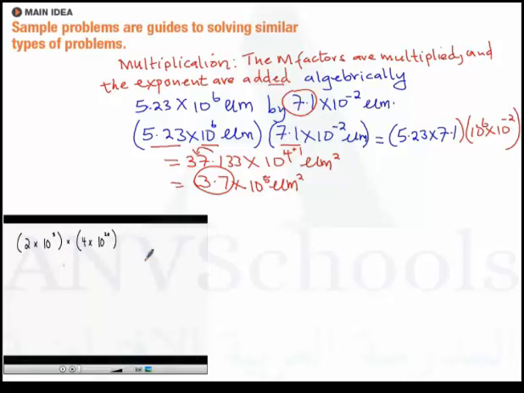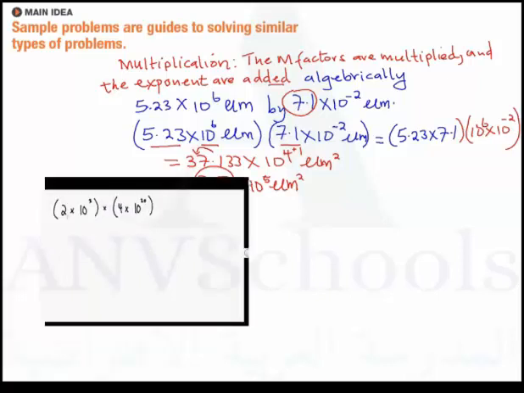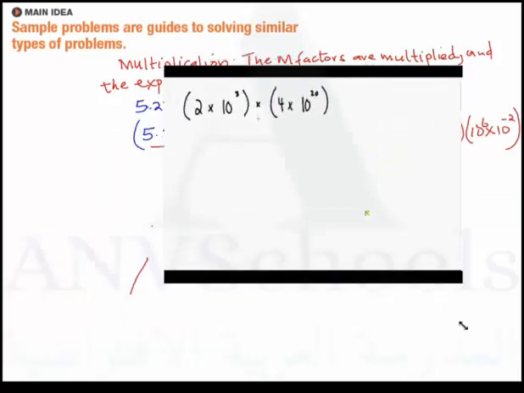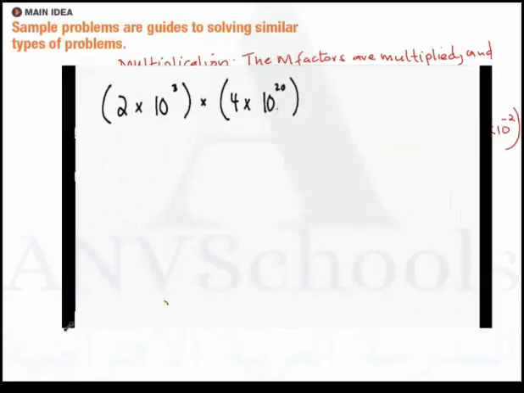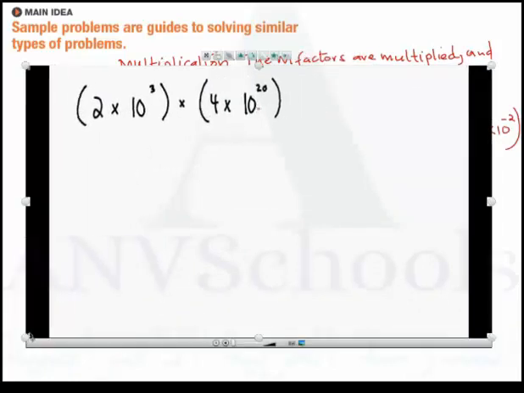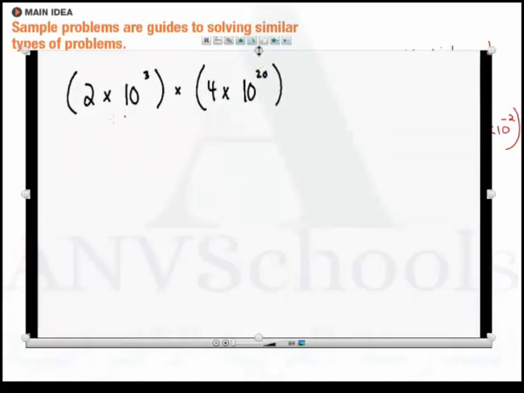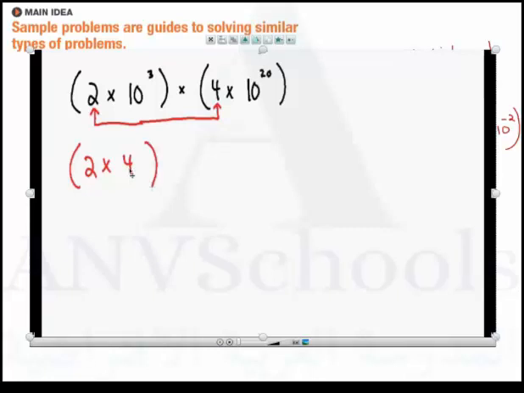So let's take an example here. From this video we can see some few examples. When you are multiplying, the order doesn't really matter, so you will multiply the constants, 2 multiplied by 4, and then later we multiply our base 10s.